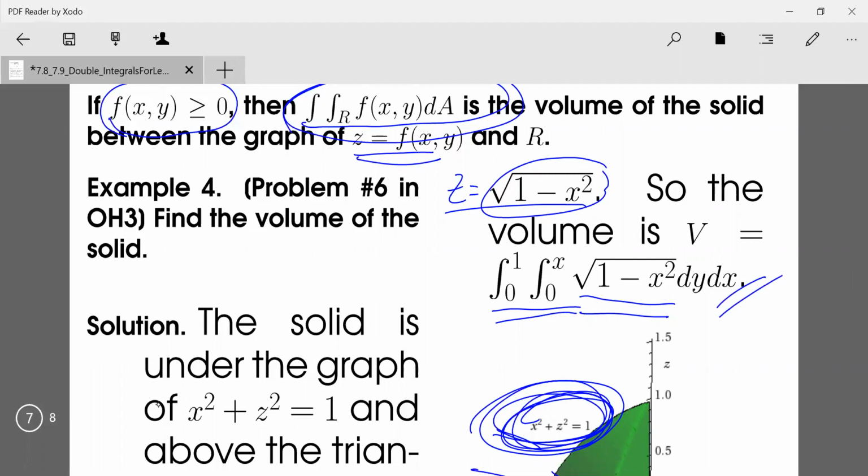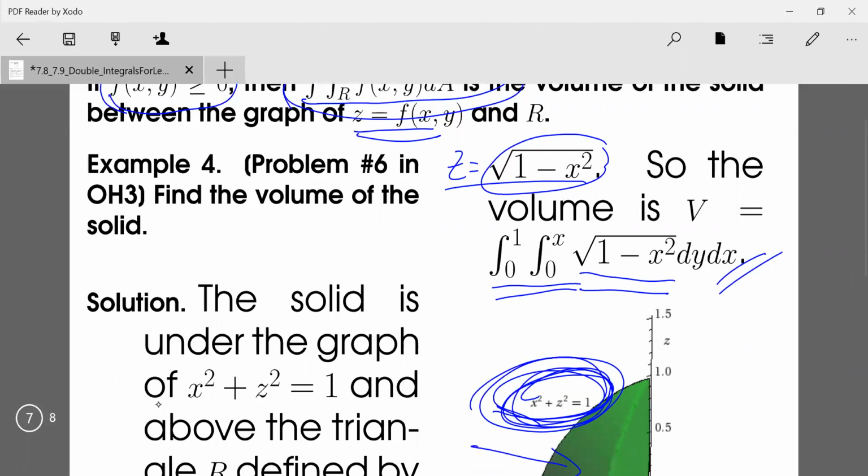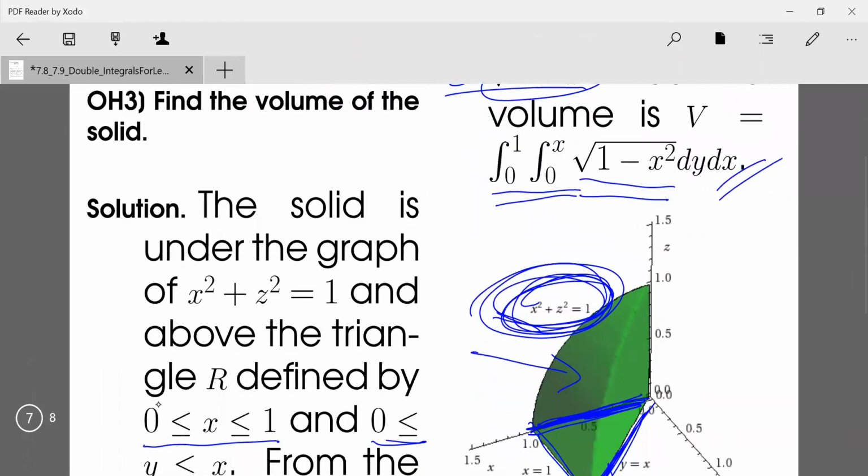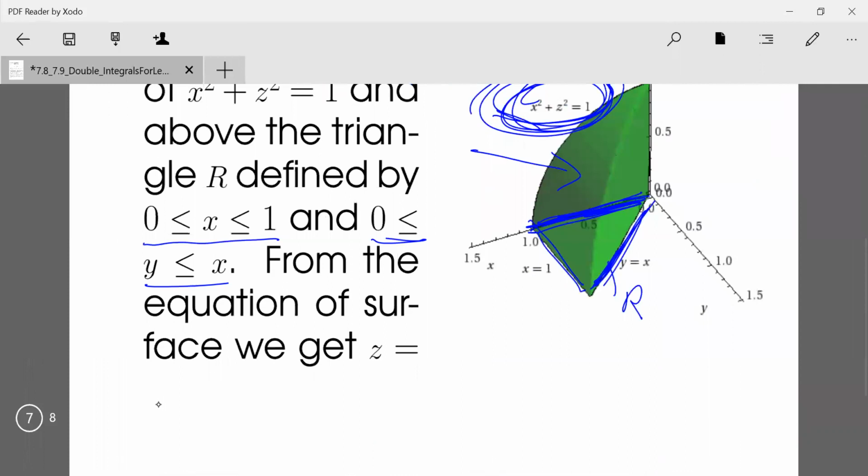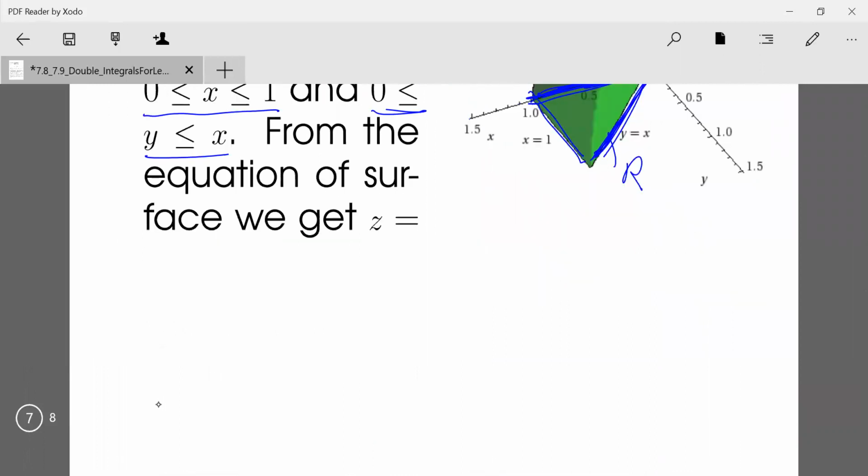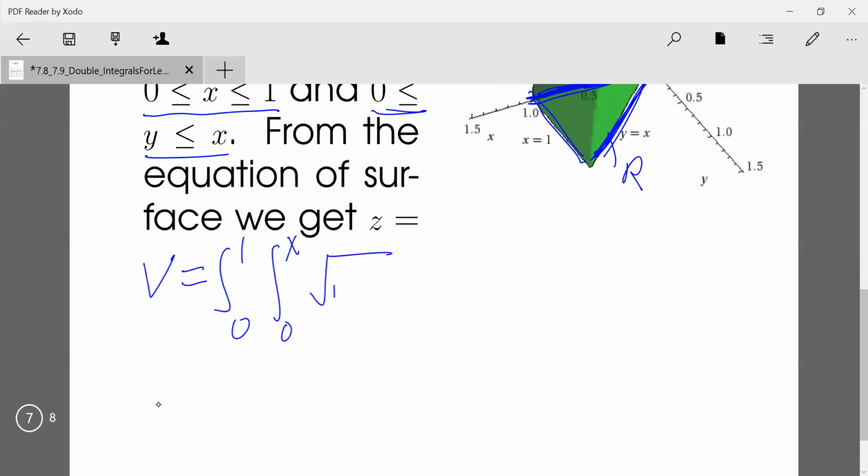Now let's finish this integral. We have V equal to the integral from 0 to 1, integral from 0 to x, of root of 1 minus x squared, dy dx.